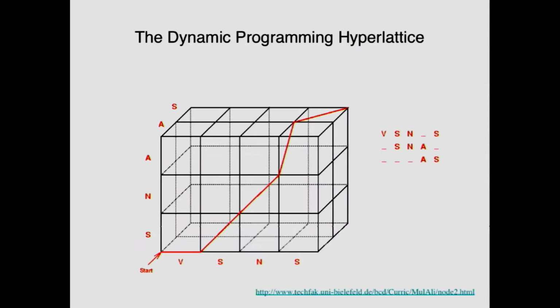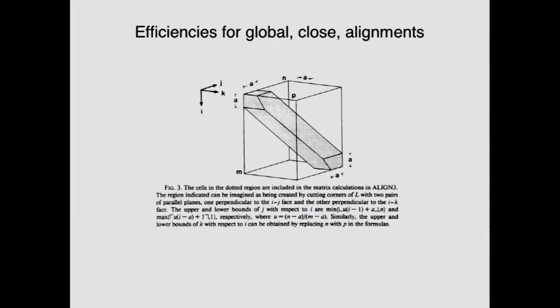Okay? So you could imagine that if you knew you could do the alignment without putting in very many gaps, then you wouldn't have to look at everything in the cube. You could just look at this sort of sausage which goes from the beginning of all the sequences down to the end of all the sequences. If you knew that you only required 1 or 2 gaps, then the diameter of this sausage would be quite narrow, right?